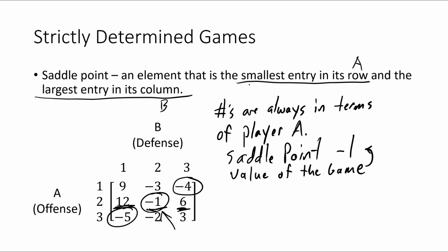Now, there's a couple other things that you'll be asked on questions like this. You might be asked for the location of the saddle point. And the location of the saddle point is 2-2. So that is the second row and the second column. You also will sometimes be asked for the optimal strategies that produce that.